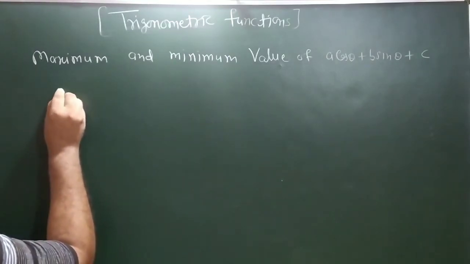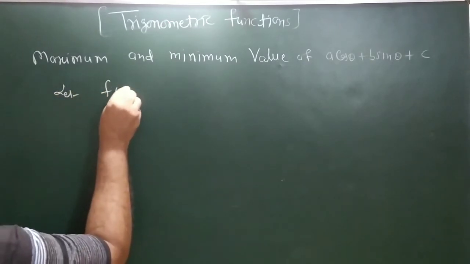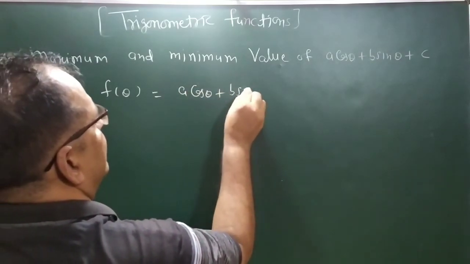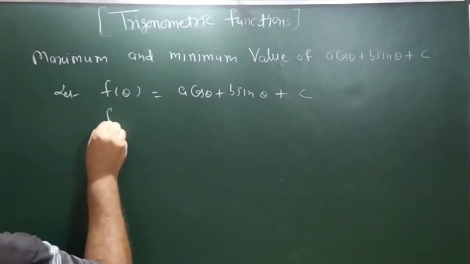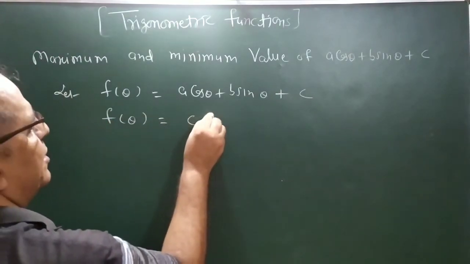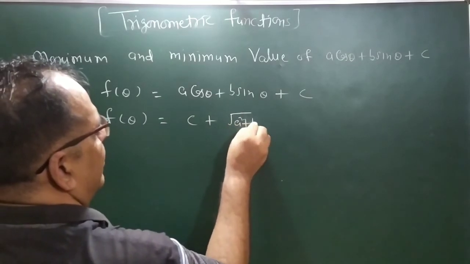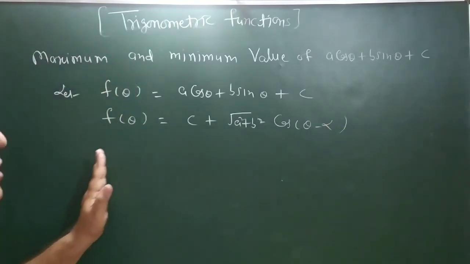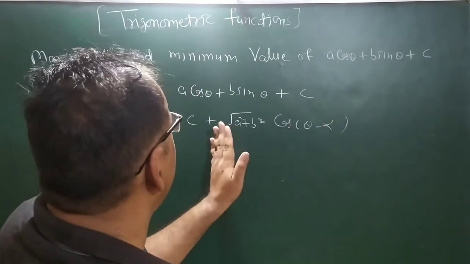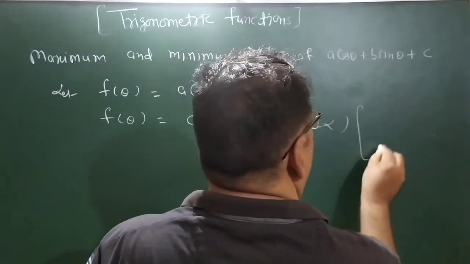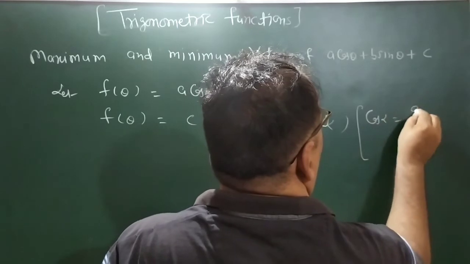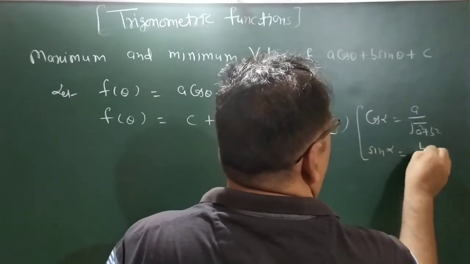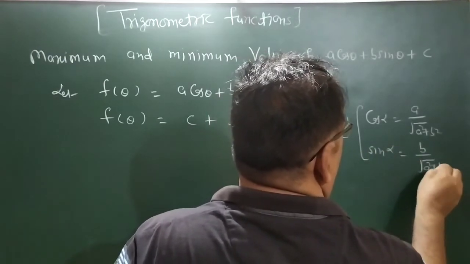suppose f theta equal to a cos theta plus b sin theta plus c. This can be arranged as c plus under root of a square plus b square cos of theta minus alpha. Here I am not taking the whole proof. Here cos alpha equals a upon under root of a square plus b square and sin alpha is b upon under root a square plus b square.